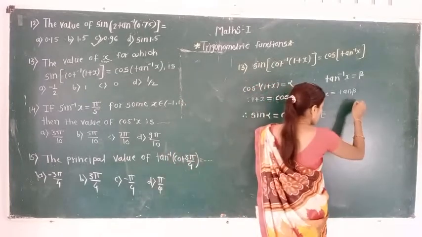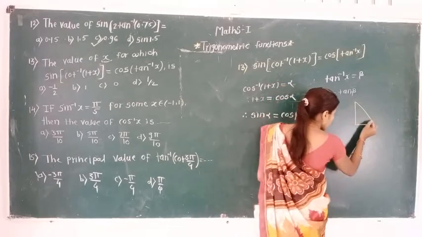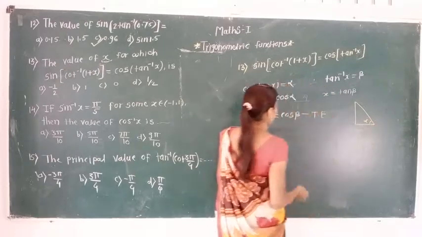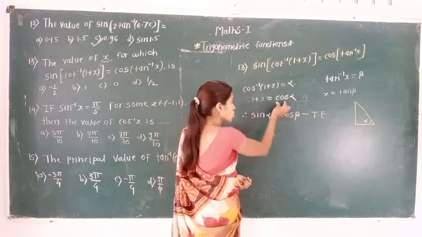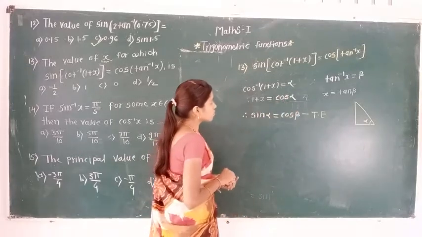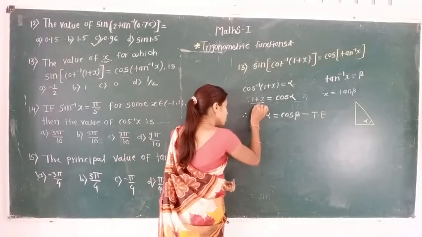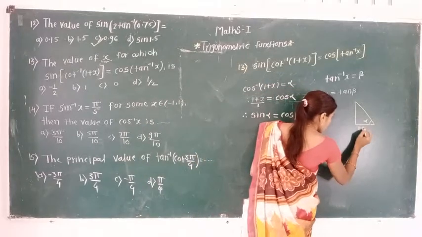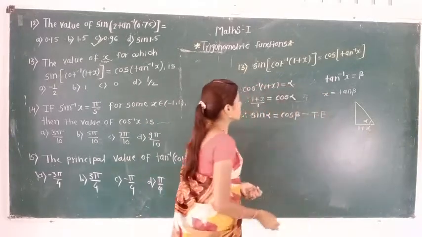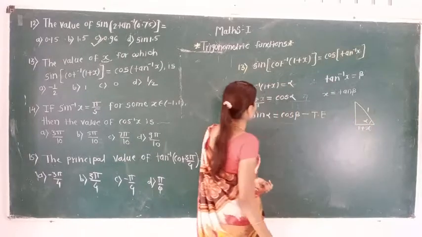So see here, in this triangle, here is the angle alpha, and we know that by definition of trigonometric function, cot alpha is adjacent side upon opposite side. Adjacent side is 1 plus x and the opposite side is here 1.